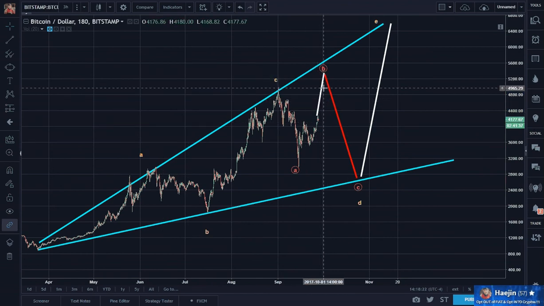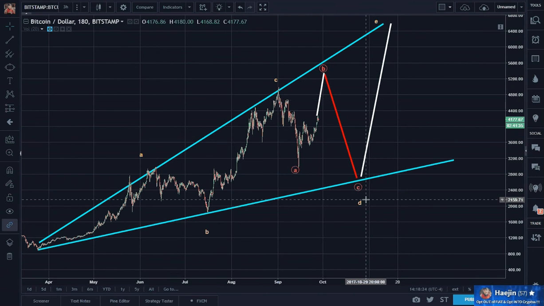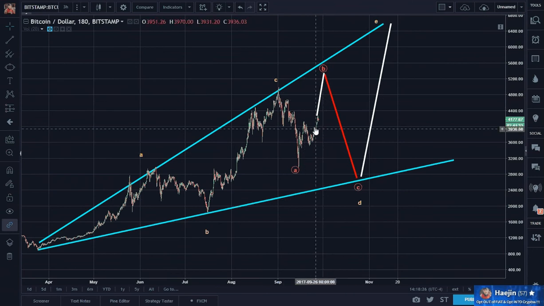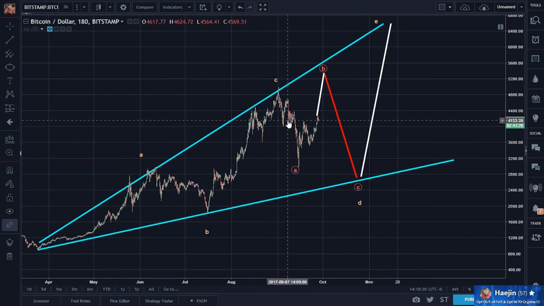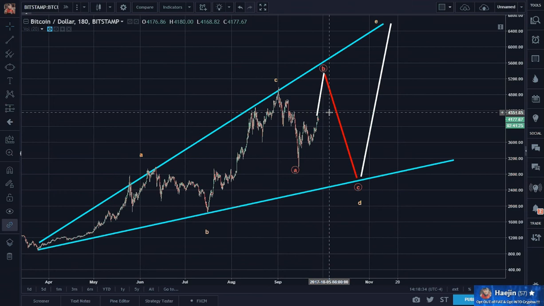For now, I'm going to keep it here now as an expanded because of that ascending right triangle pattern I had shared with you before.